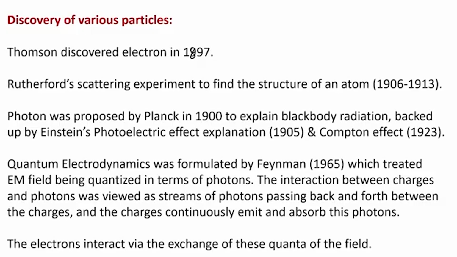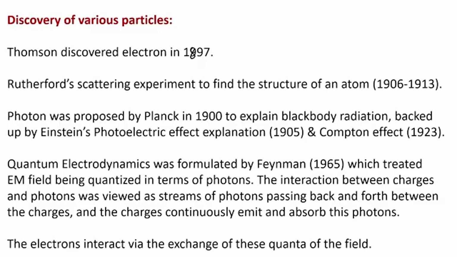Then it was Feynman who formulated quantum electrodynamics, which treated the electromagnetic field as being quantized in terms of photons. In ordinary quantum mechanics, these fields are taken as classical objects, and it's only the electron whose energy is quantized.